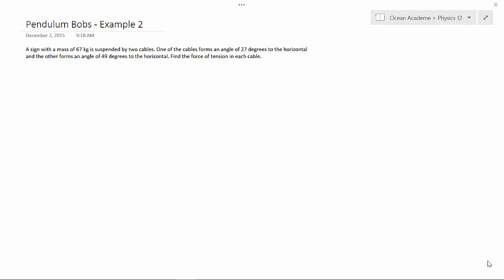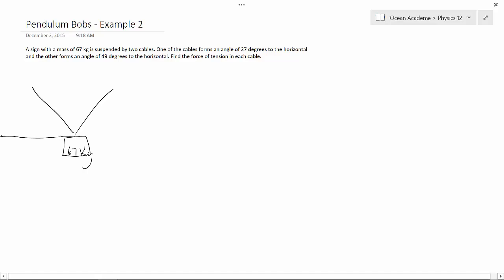It's the same principle. So first of all, I want to draw a diagram just to make this a little bit more clear. So we have a sign that is suspended by two cables, and that sign is 67 kilograms. The angle to the horizontal of the first one was 27 degrees, and the second cable was 49 degrees.